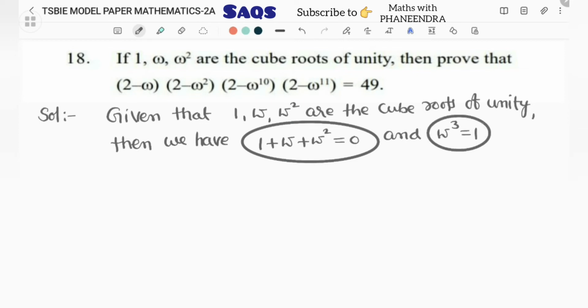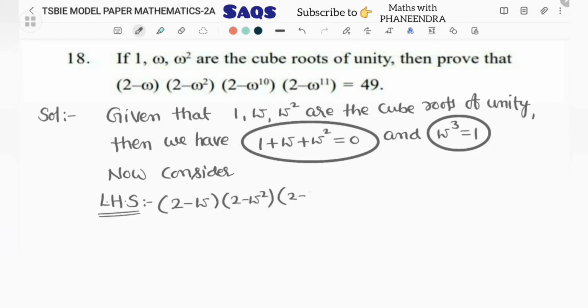So these two important results you keep in mind, dear students. Next, you have to consider LHS. Now consider, they are asking to prove this result as 49: 2 minus omega, 2 minus omega square, 2 minus omega power 10 into 2 minus omega power 11.